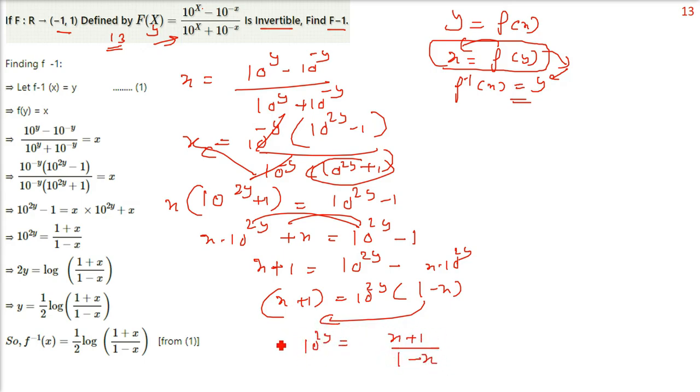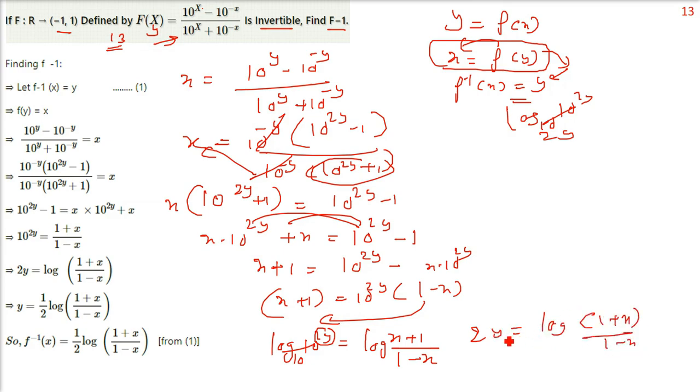I am taking the log as base 10. When the base and this number become the same, the base and exponent cancel out. So log base 10 of 10 to the power 2y will be 2y. 2y equals log of 1 plus x by 1 minus x.